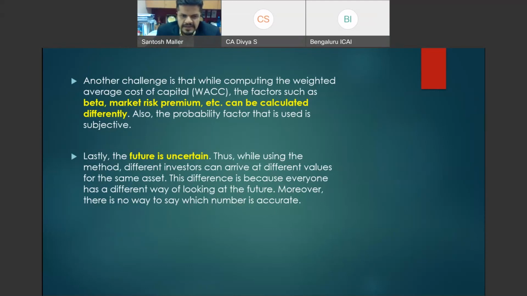Market risk premium is basically how risky the share is. Supposing you take the case of Jet Airways, which, although there are some plans of reviving it, as such the company is totally gone.